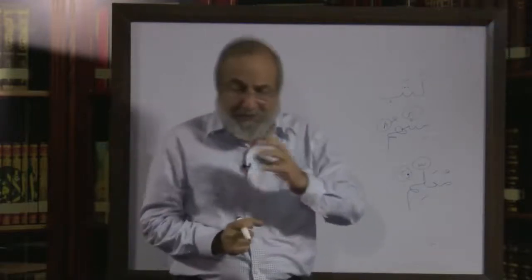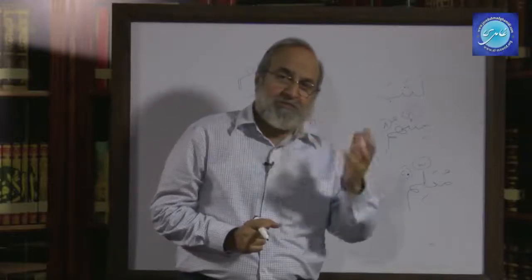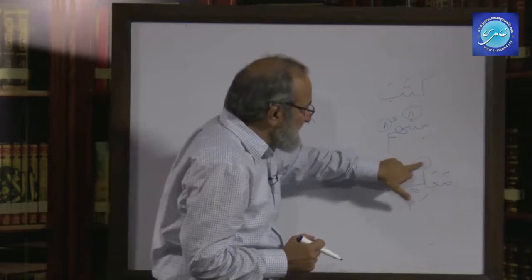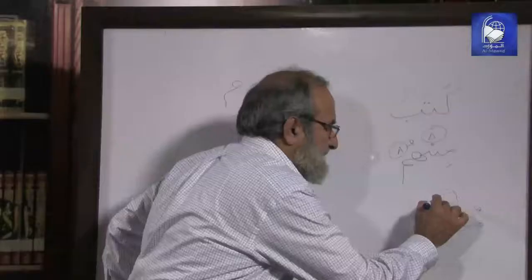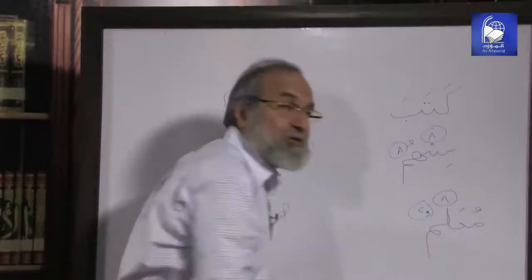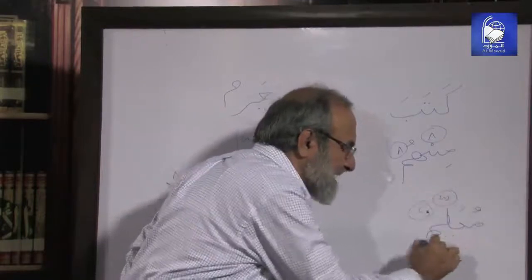So it's a double action symbol, tashdid. So had it been shad, it would have been mu'al. That's it, nothing else, mu'al. But it's not shad. It's shad, but followed by a push.